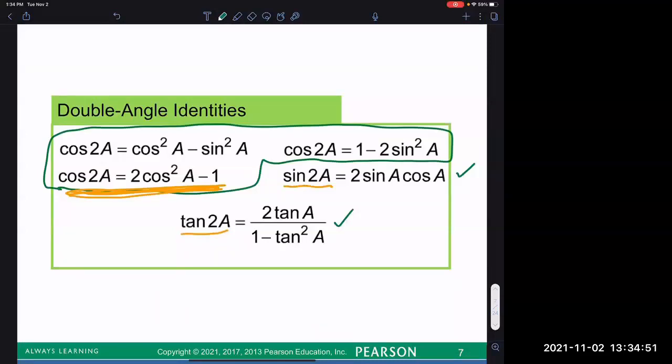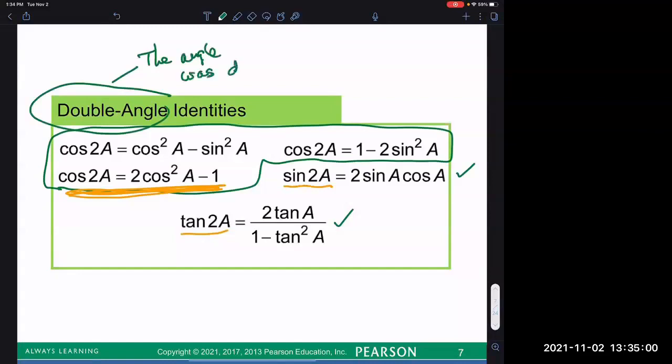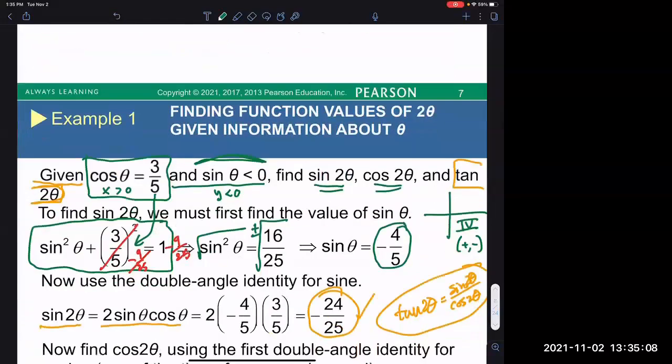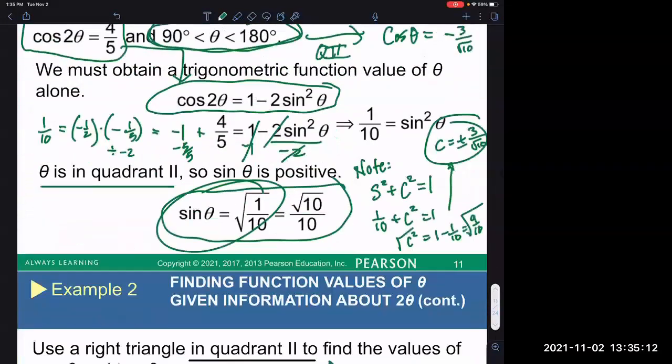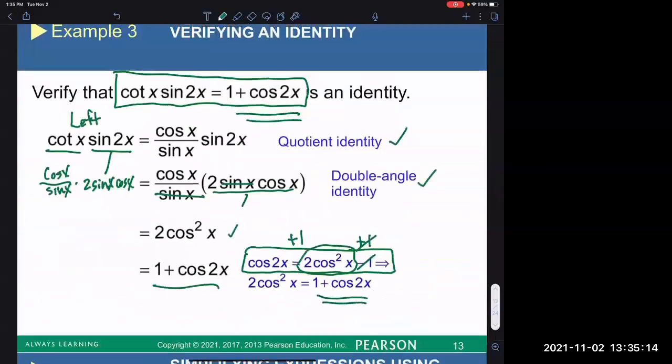Okay. Double angle in this case means the angle was doubled, meaning multiplied by 2. So that's why. Is that okay? Other questions at all? We looked at example 3 here.